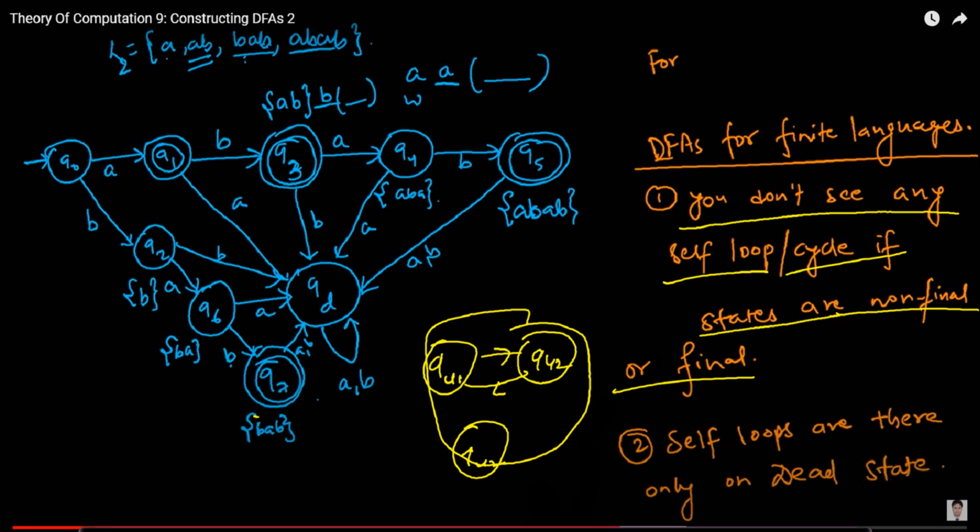So take this video as a disclaimer: the observations in the previous videos and in the upcoming videos will not take unreachable states into consideration. Normally when you construct DFAs, you construct them in this manner only.